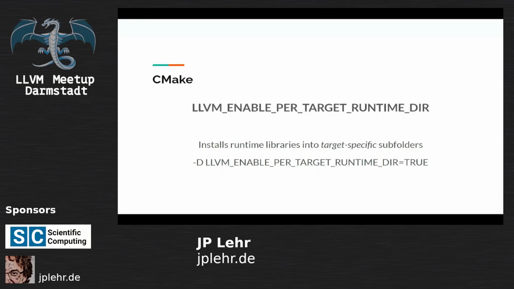Whereas if you set this to false, it would just put everything into lib, more or less. So this gives you the ability to have this per target. If you're building, for example, for cross compilation or for different targets, you probably want to set this to true.